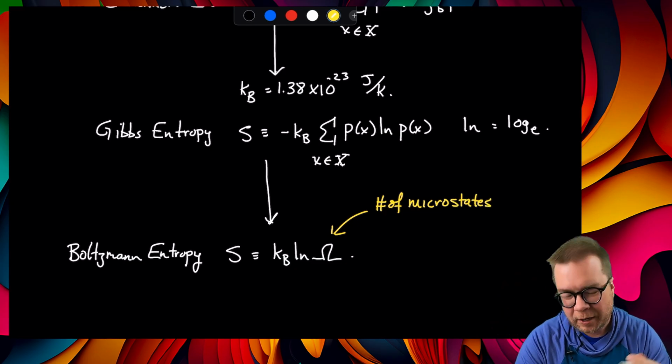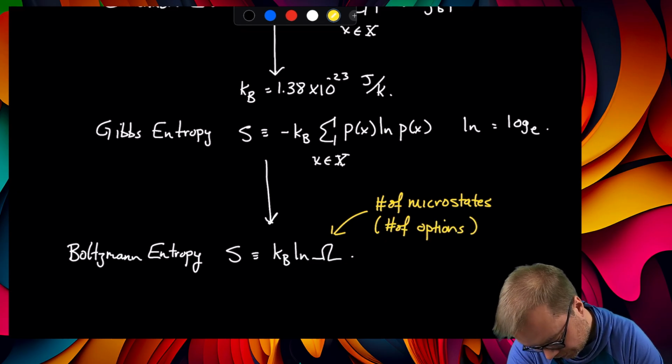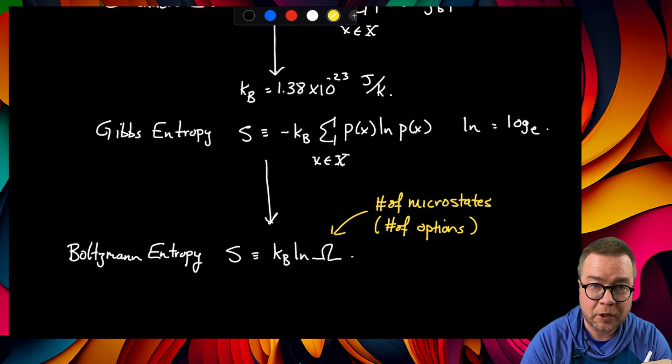But basically it's the number of options, right? So it's kind of like the number of options that are possible.